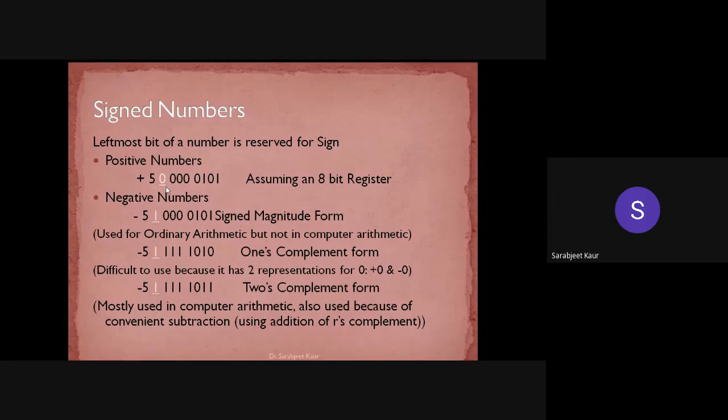Now simply take the 1's complement of this entire number, including the sign bit. So what will we get? 0, 1, 0, and then all ones. So automatically there is a 1 in the sign bit, and this is the 1's complement of this number.